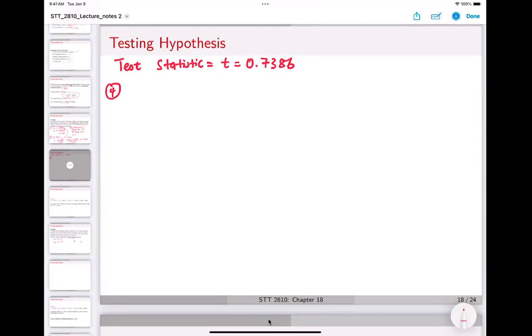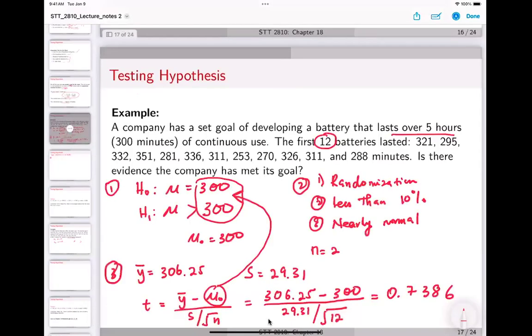So to compute the p-value, remember I showed you last time. First and foremost, you have to ask yourself, look at this alternative hypothesis. Is it one-sided or two-sided? It's one-sided because here it is greater than. If it's also less than, it's one-sided. It's only two-sided if it's not equal to.